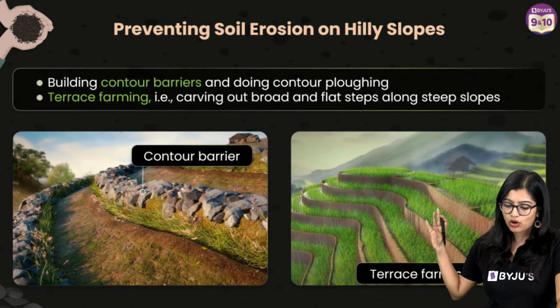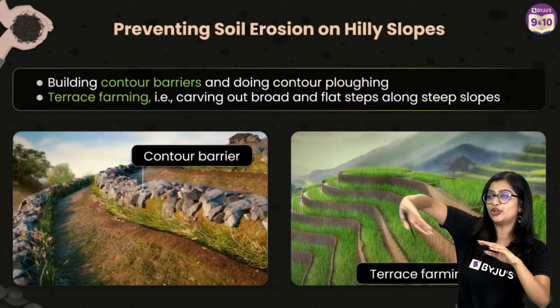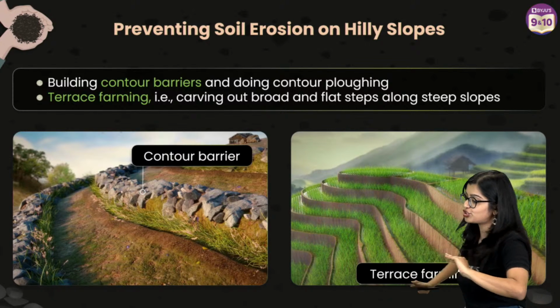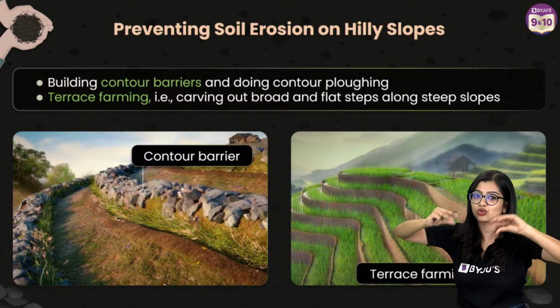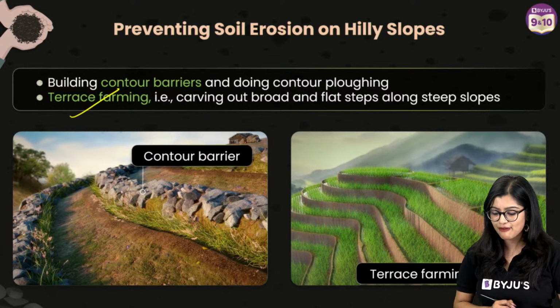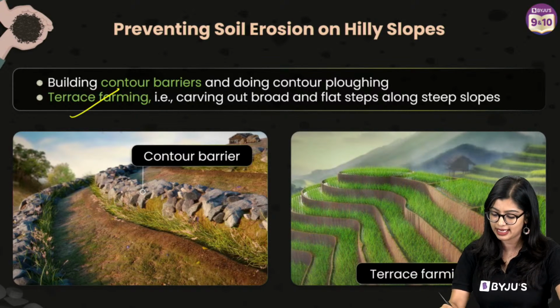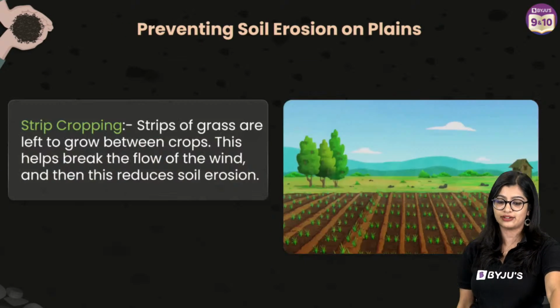So quickly, for contour barriers, you shape the land and put barriers so that there is no soil erosion by water. Then of course you practice terrace farming or step farming, so that again the soil does not get affected.